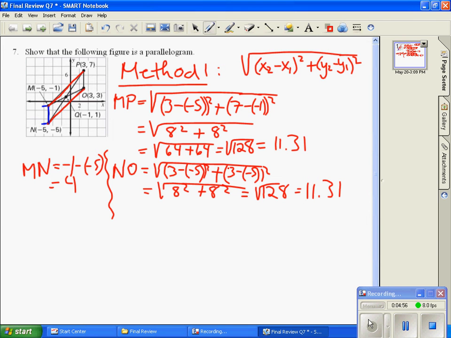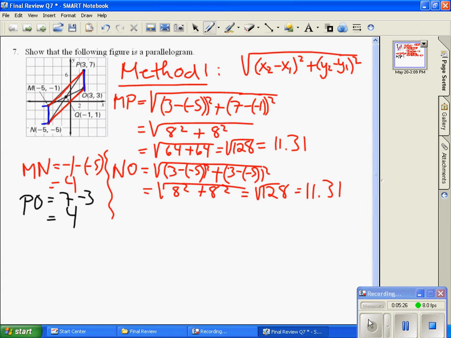So we have P and O. So we're trying to find this distance. So again, we look at the change in the y's. So we have 7 minus 3. So we subtract the smaller from the bigger one. And again, that gives us 4.